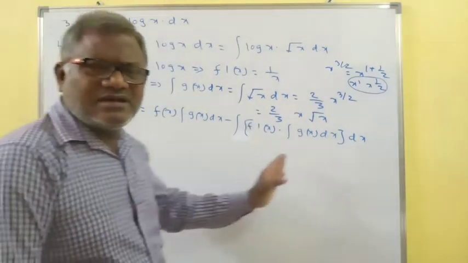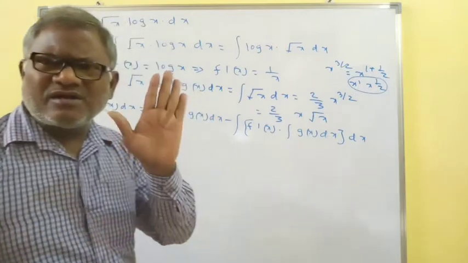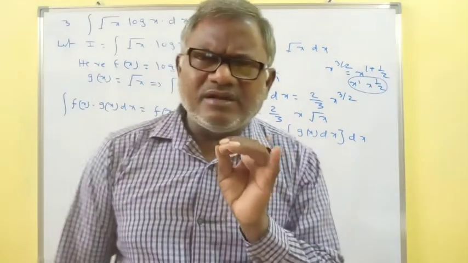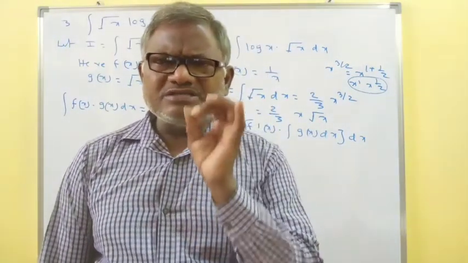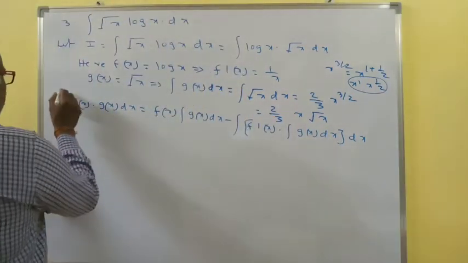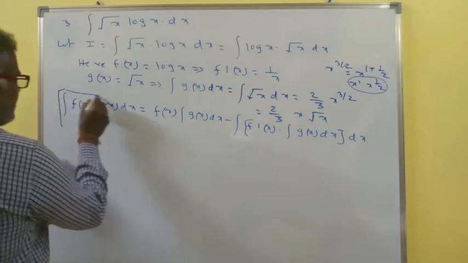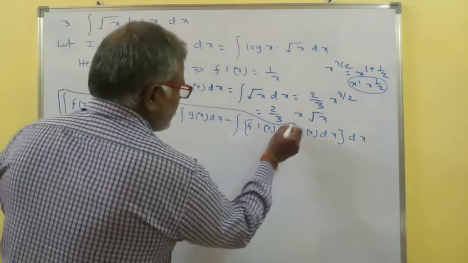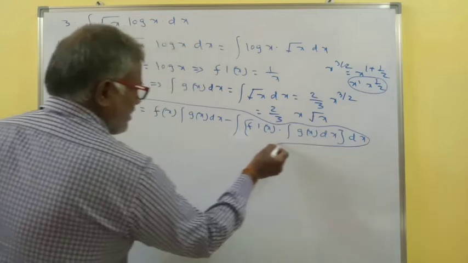Okay, always you should write the formula. In integration by parts, always you should write the formula for by parts, and put it in a box. Always put it in a box. Don't forget this one.